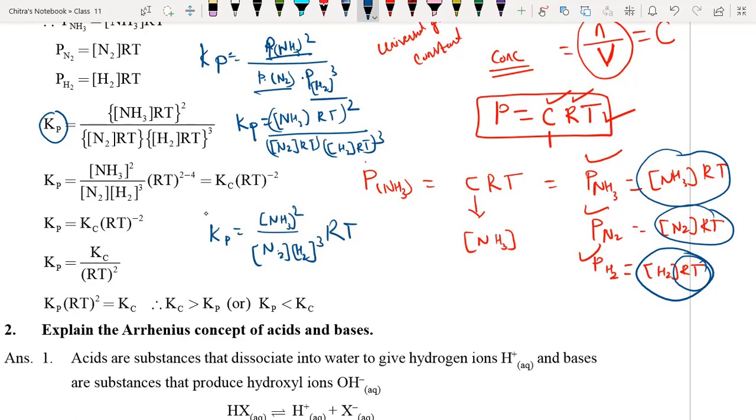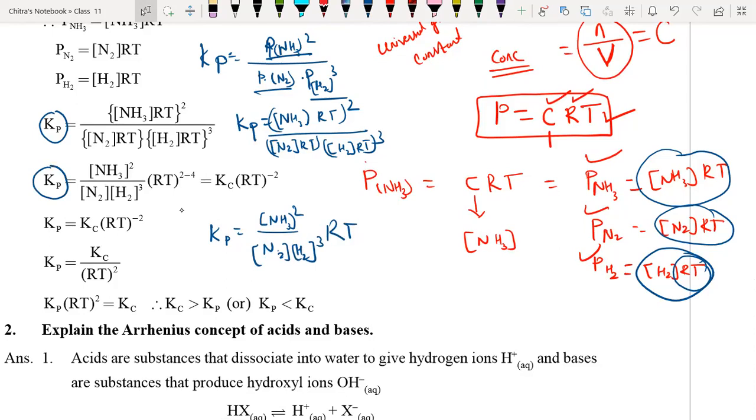Can we do that? Yes, sir. Now we are going to solve further. It is already given in the solution here.